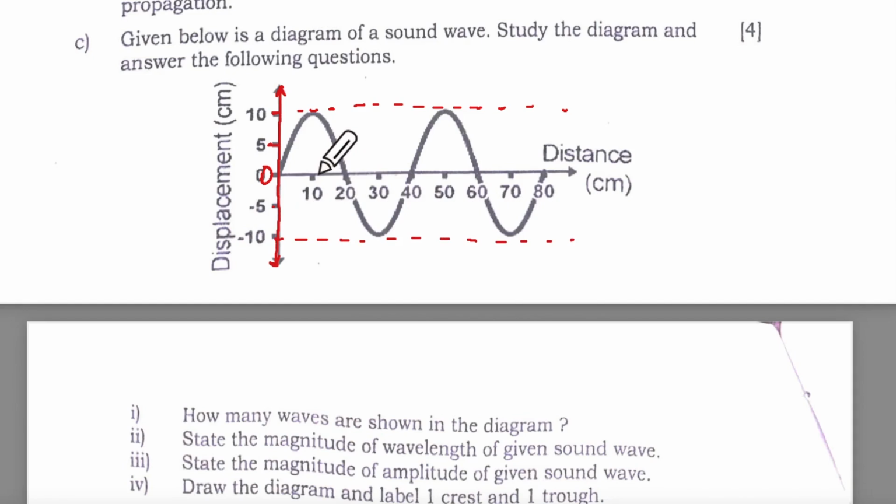Then you will show 1 2 3 4 5 6 7 8, and they become 10 20 30 going up to 80, and that is the distance in centimeter. And this is your x-axis, this is your y-axis. Right over here, displacement in centimeter.